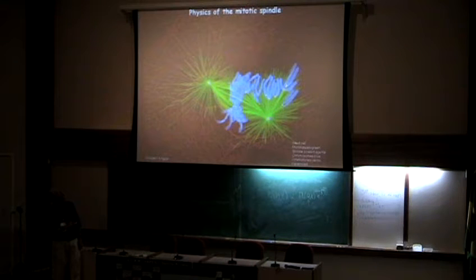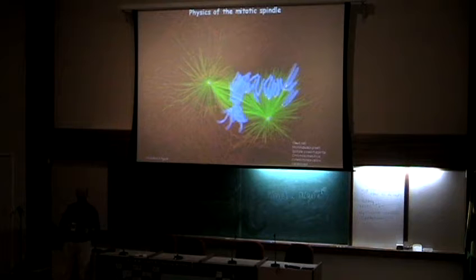One thing I have to tell you in advance: when I lecture on these things to biologists, I talk not about just any mitotic spindle, but about the spindle in a very specific organism, because in different organisms, like in yeast and Drosophila, there are important differences between the spindles. But for this audience, it's not very important, so I will jump from one spindle to another without explicitly telling you which spindle I'm talking about, because the physics of all of them is very similar.